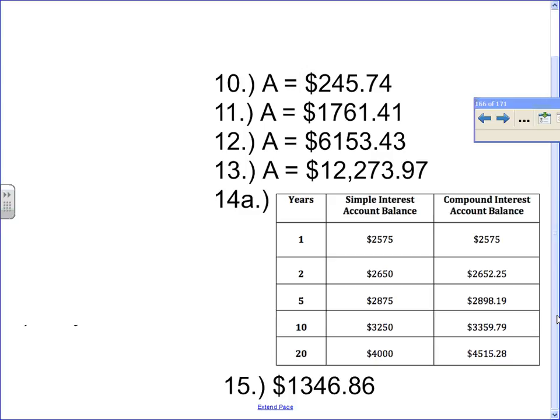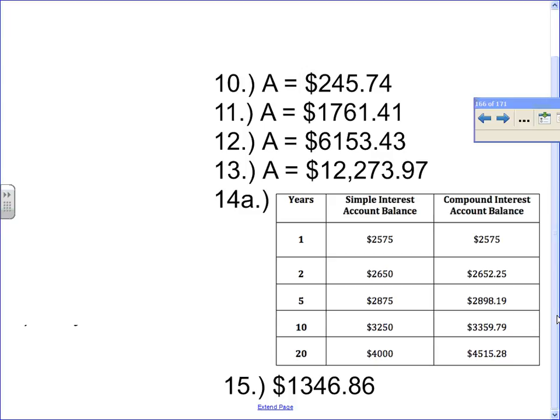For the compound interest at year 1, $2,575. Year 2, $2,652.25. Year 5, $2,898.19. Year 10, $3,359.79. Year 20, $4,515.28.